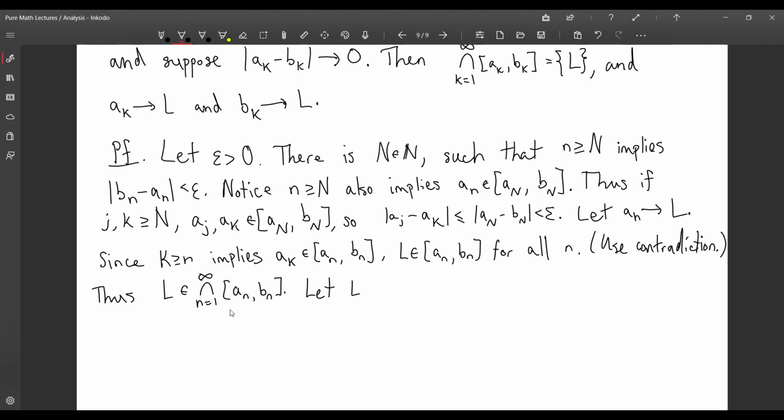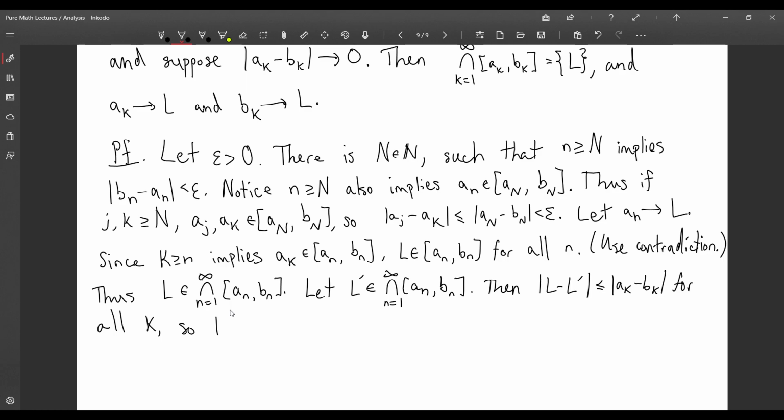Now let L prime be some other element of this intersection, and we wish to prove that L prime equals L. Then the distance between L and L prime is less than or equal to a sub k minus b sub k for all k.